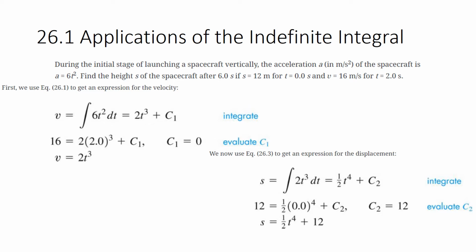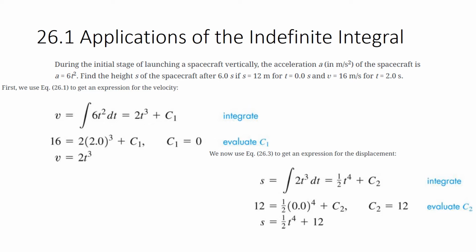In this case, there is no need to add any constant. So the formula is simply velocity equals 2t cubed, t to the third power. So now we want to find how far the spacecraft has traveled.